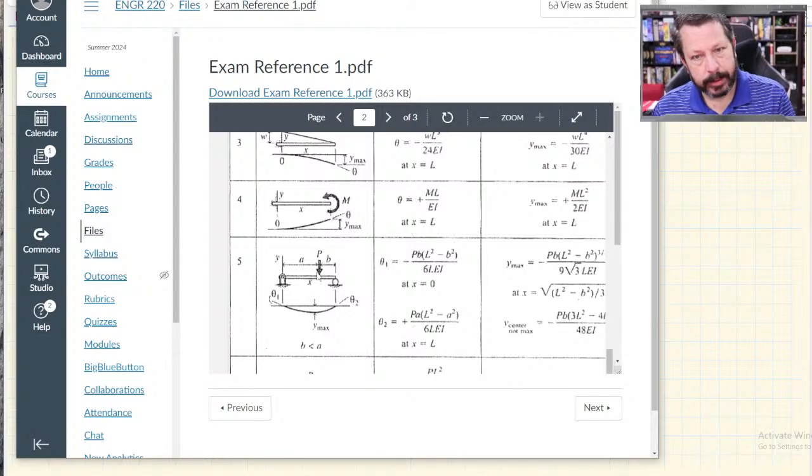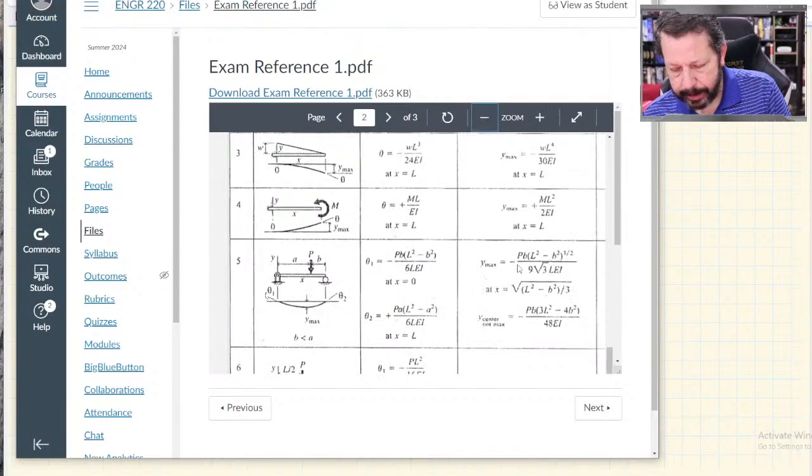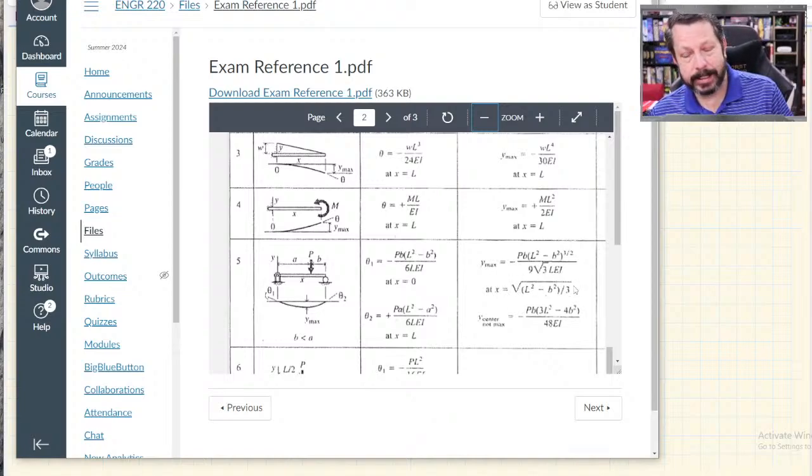The other one that we were looking at, which is clearer and a nicer picture, doesn't show that, but it's something you have to know. This one gives you the Y max equation, and you have to calculate where it is. You could just look at it and think that should just be A, at X equals A, but it's not. It's at some other point.